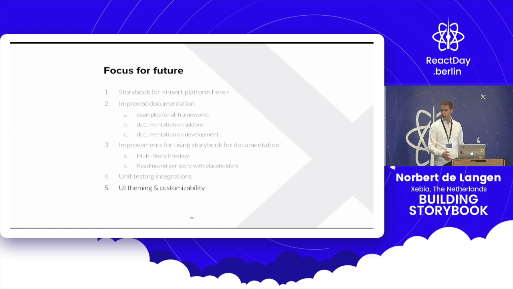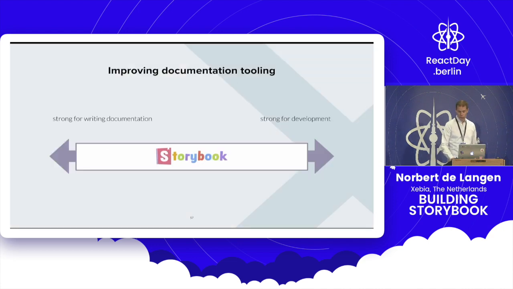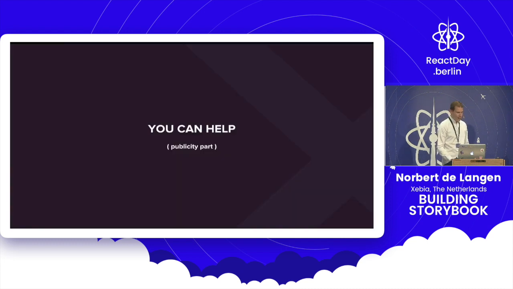And I'm also working on a better layout system, so it's not just an add-on panel on the right or on the bottom, but you can have as many add-on panels as you want anywhere. So that expands the use cases of Storybook.